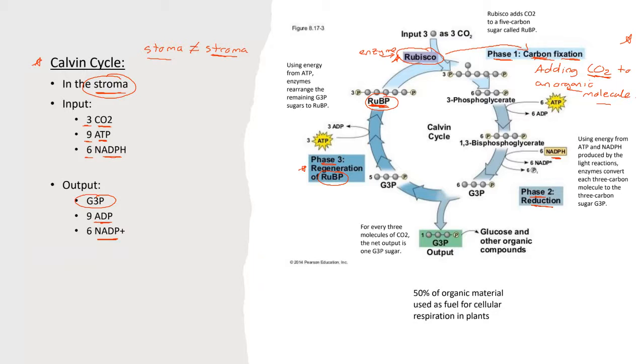Why does that make sense? Well, can we go through a cycle without this? No, we cannot. In order for this cycle to keep going, in order to be able to put in a carbon dioxide and make glucose, we need to have RuBP available. No RuBP available, no cycle, no sugar, no glucose.